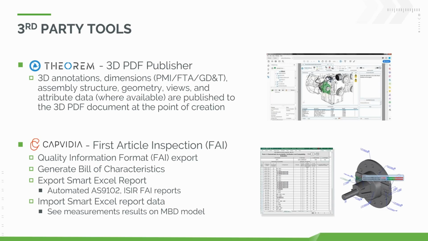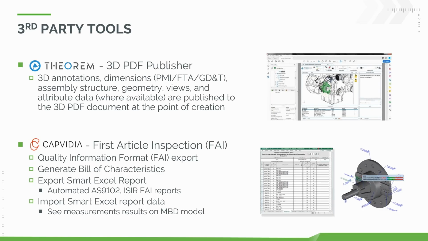First article inspection. CAPVIDIA have a tool for doing this. Again, it gives you the ability to export quality information format, so then we can use that to generate a bill of characteristics. You can export out a smart Excel report, which gives you automated ISO standard reporting on that information.